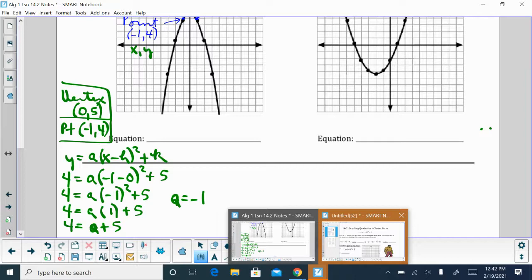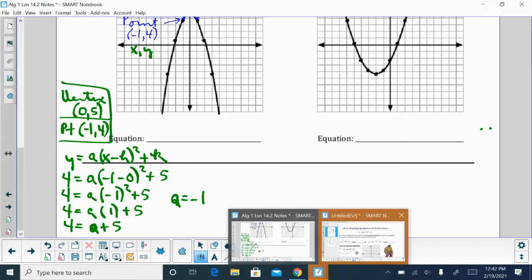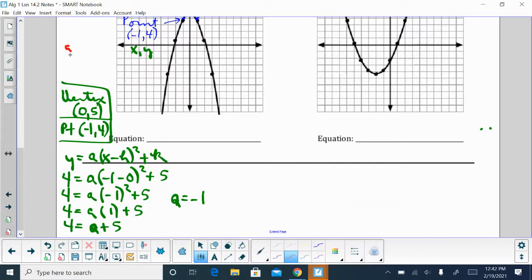Now with that in mind, I'm going to try to change my colors for a second here. Okay, so here's my a for my formula for my parabola, and here's my vertex.